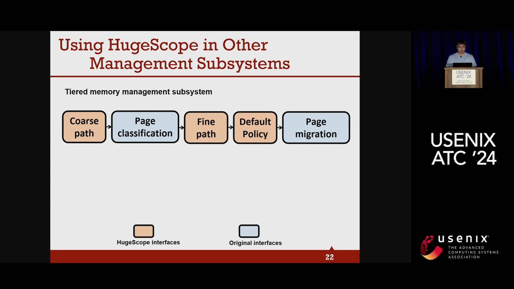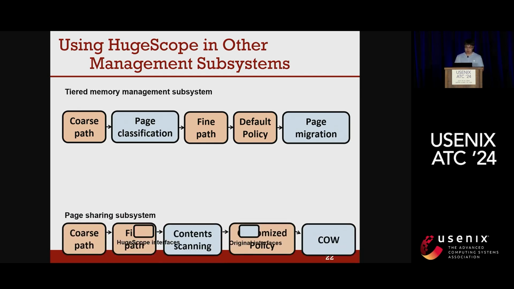We use HugeScope to optimize tiered memory management and page sharing. For tiered memory management, HugeScope replaces the original page monitoring mechanism, and after page classification, we track and split huge pages with the hot bloat problem, and then the tiered memory management can accurately put hot pages into the fast memory.